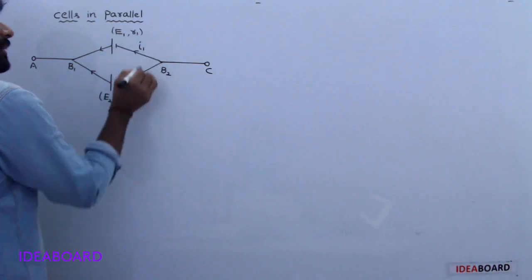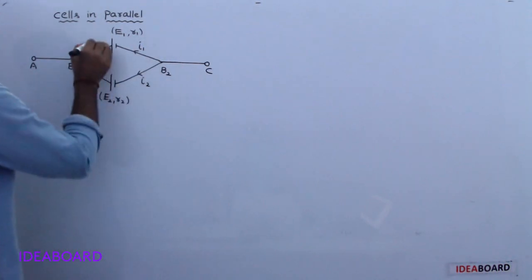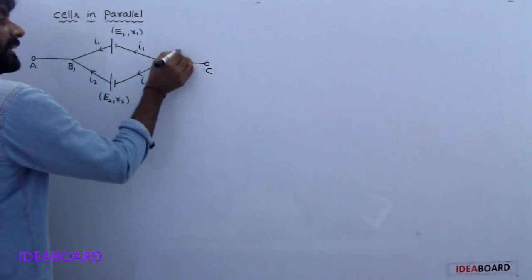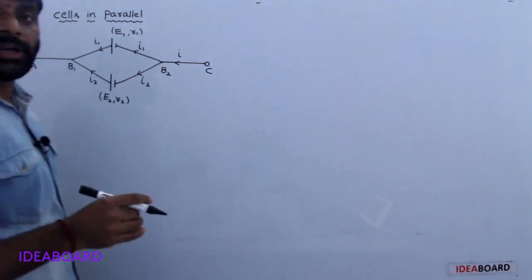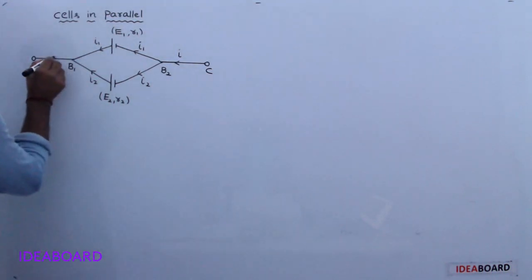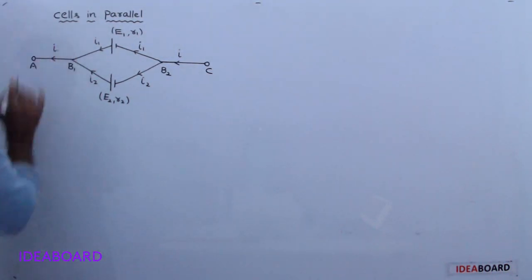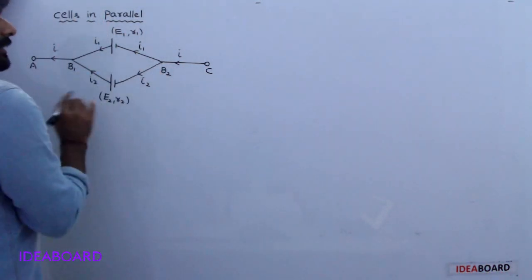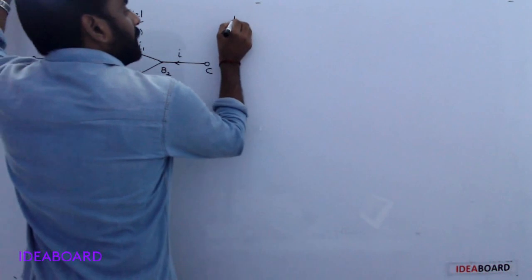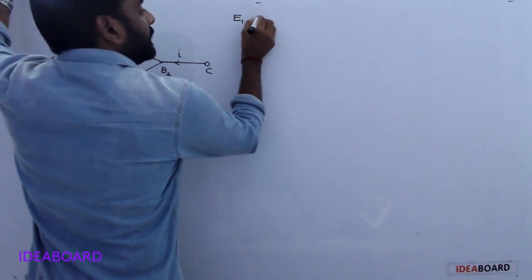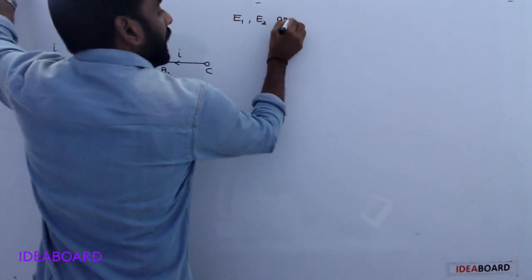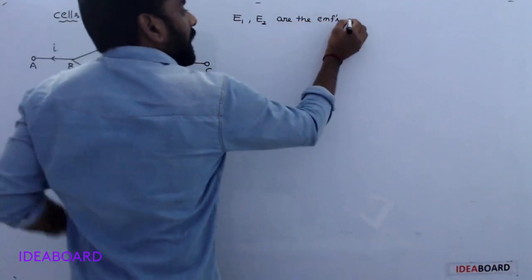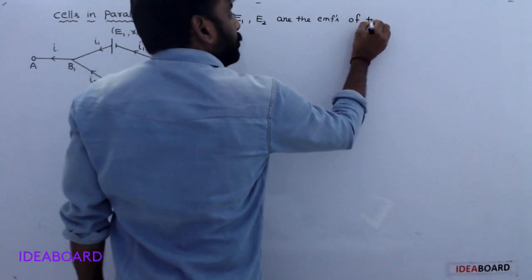Here the current is I1, here the current is I2. The total current I is split into two parts, I1 and I2. First of all, E1 and E2 are the EMFs of the two cells.